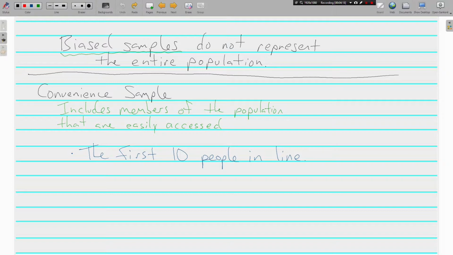You ask them just because they were the first ones there. That's a little different than the systematic random sample, because that could be every 10th person in line. That's more random than just asking the first 10 people that are there. It's called a convenience sample.